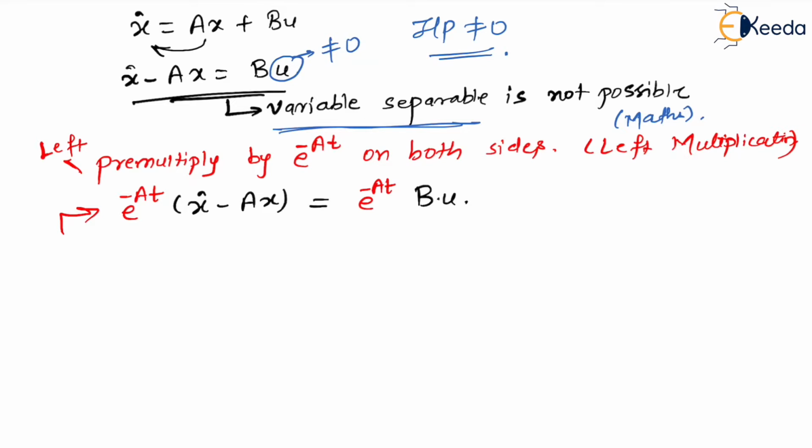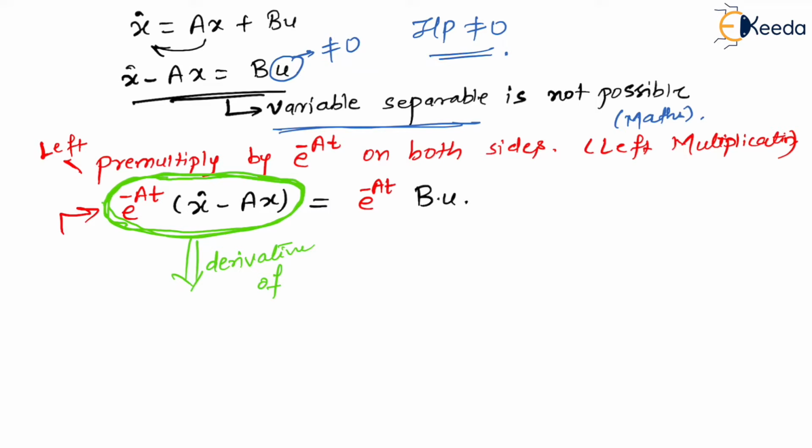See, if you just look at this particular term, if we think of this whole term, now I'm asking you one simple question: this particular function is the derivative of which function?